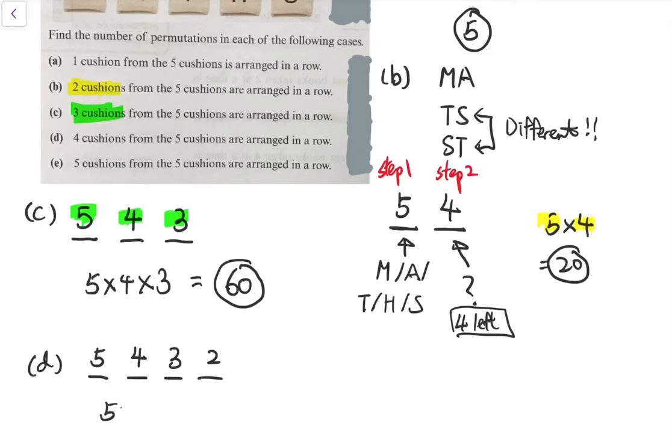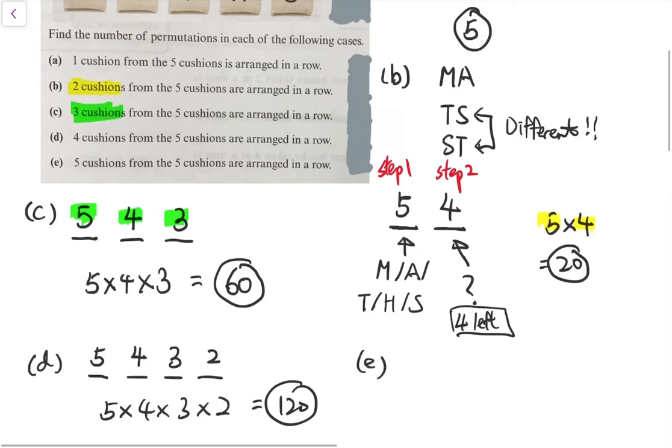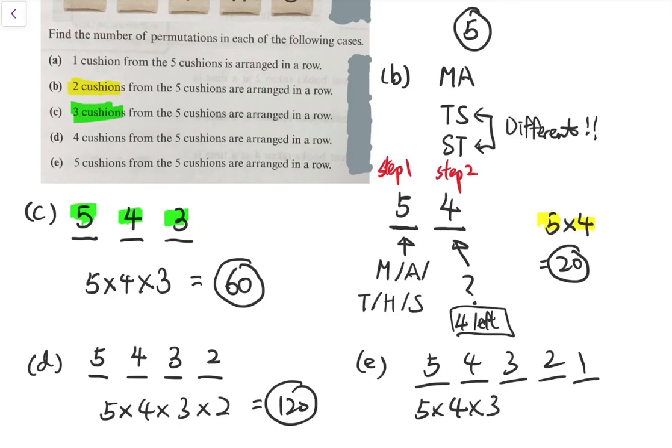So finally the answer is 120. And then part E: 5, 4, 3, 2, 1. You choose this 5, so you get 5, 4, 3, 2, 1. It's also 120.